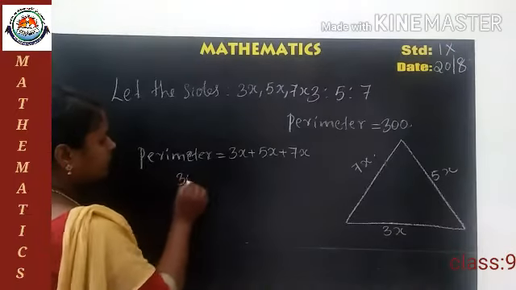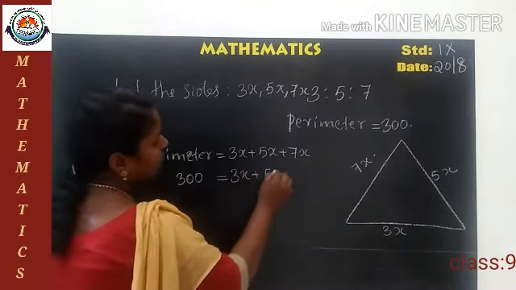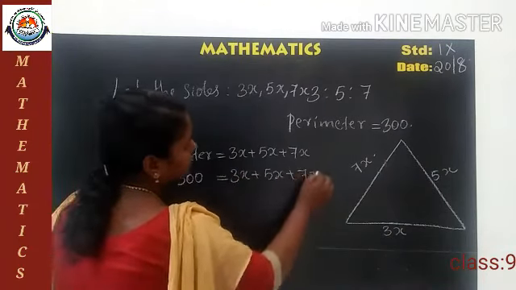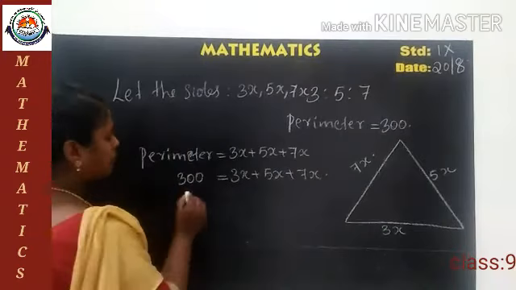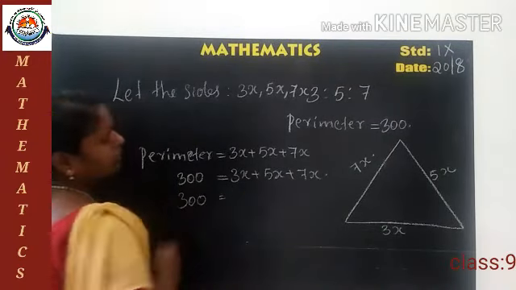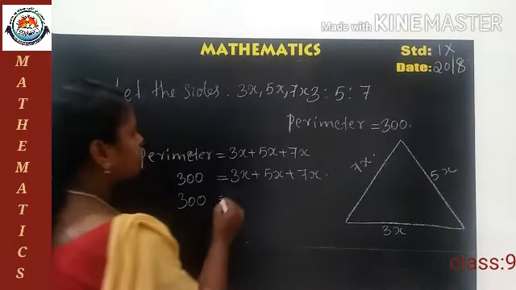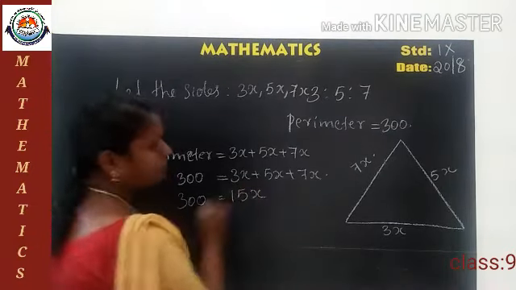So 300 is equal to 3x plus 5x plus 7x. What is it? It is 15x.